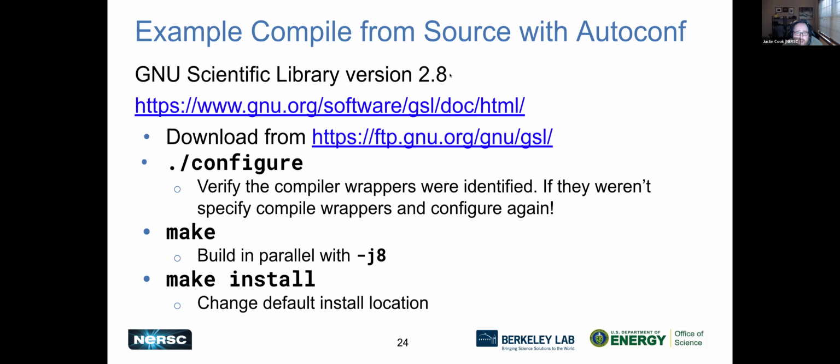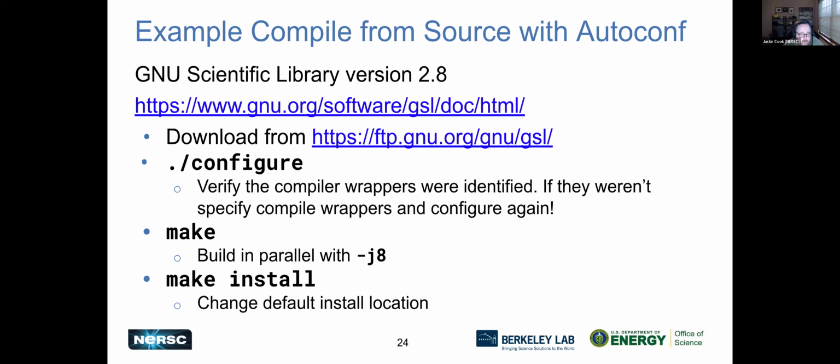So if you want to compile an Autoconf or an Autotools system, the GNU GSL, or the GNU Scientific Library, is a good example of how this works. You're going to run configure just how you did in the previous step and make sure that you're using the correct compiler wrappers.